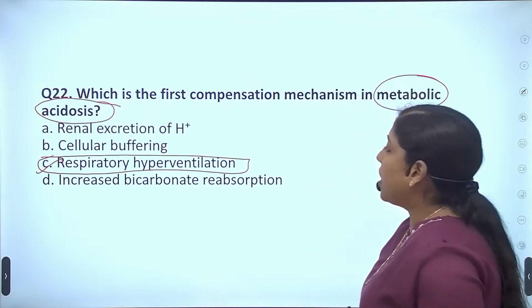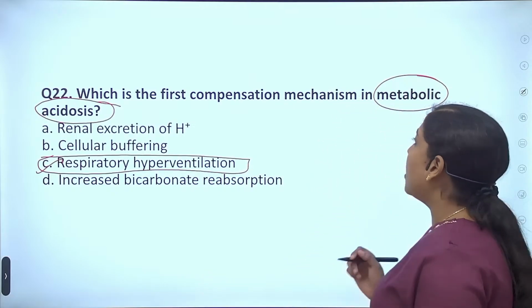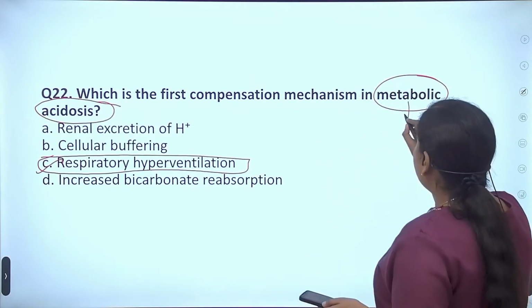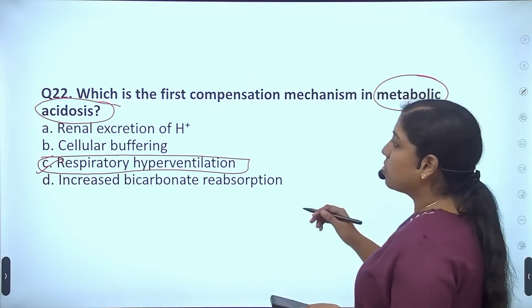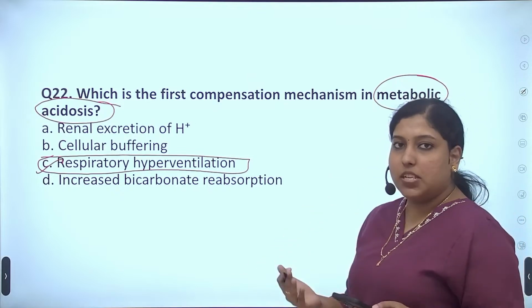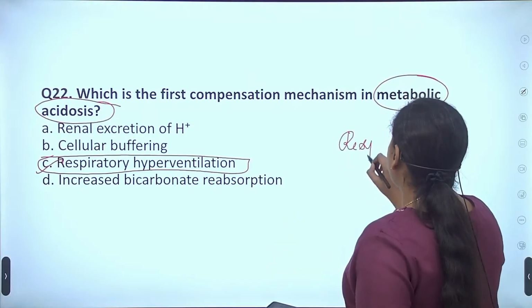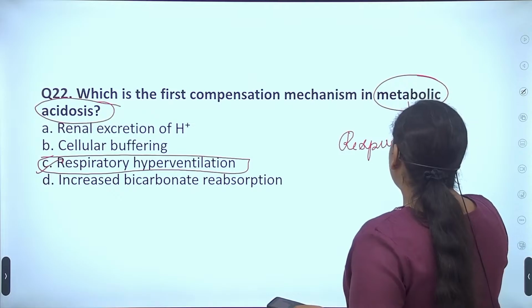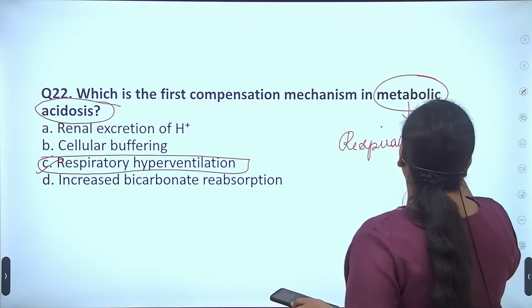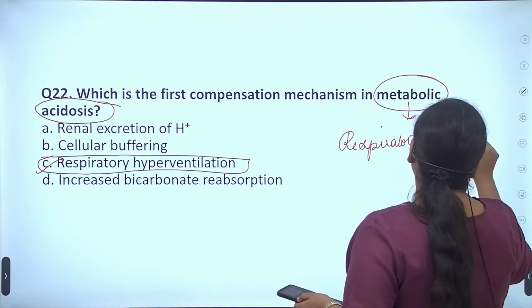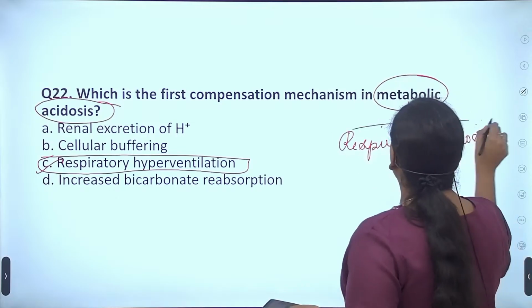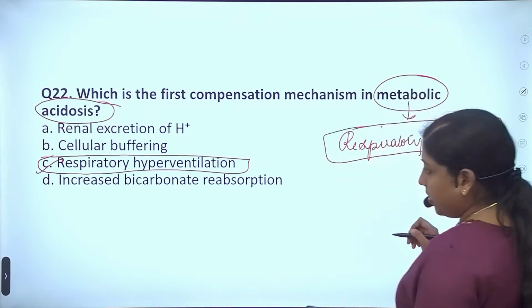Yes, respiratory hyperventilation is the primary compensatory mechanism. As we studied earlier, in metabolic acidosis the compensatory mechanism happens oppositely. So it is respiratory alkalosis. In respiratory alkalosis, what is happening?